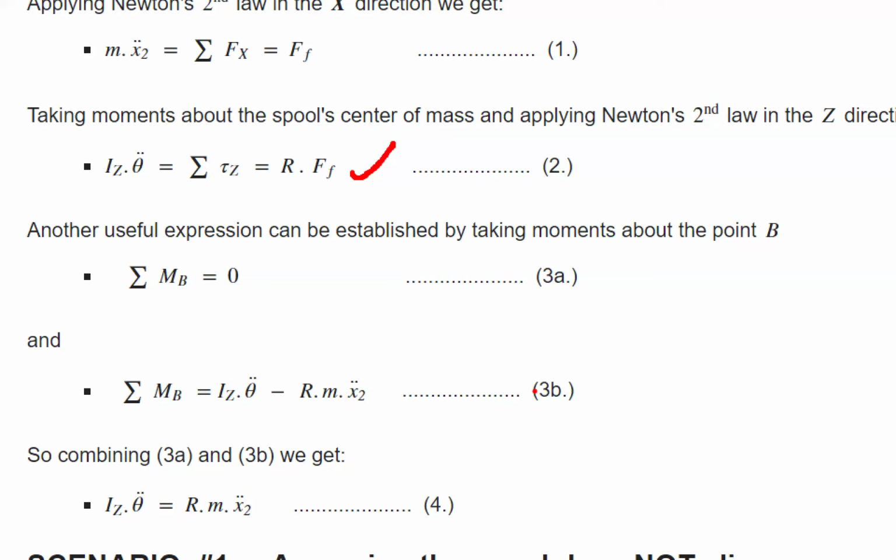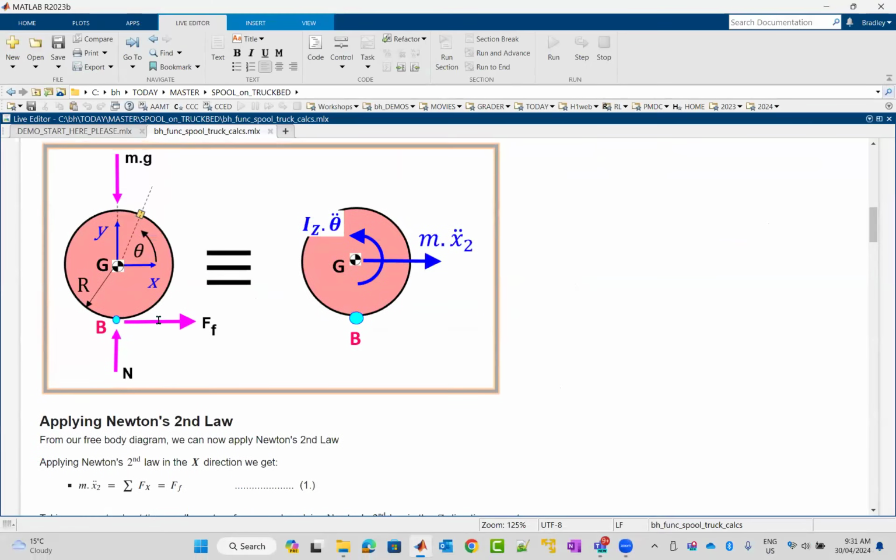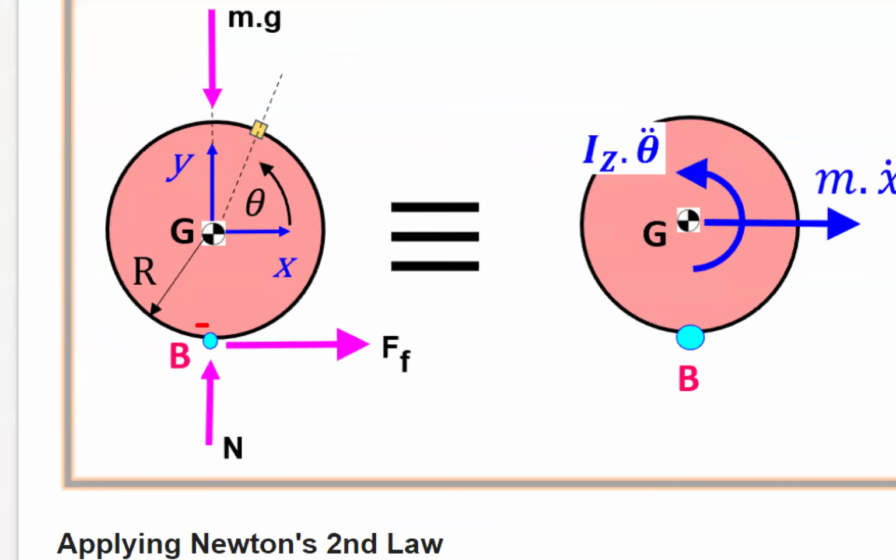We can also take moments from our free body diagram about the contact point between the spool and the truck bed. So if you walk up to this free body diagram and take the sum of the moments acting about this point, we'll get an equation. And just while I'm zoomed into this graphic, we can also repeat that.